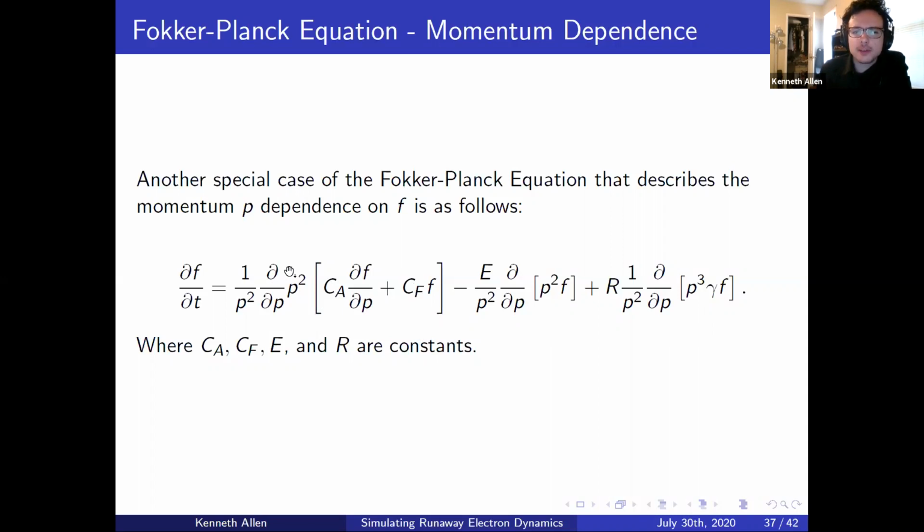And here again, the collision term is a second order differential operator, this electric field term is a first order differential operator, and this radiation dampening is another first order differential operator.